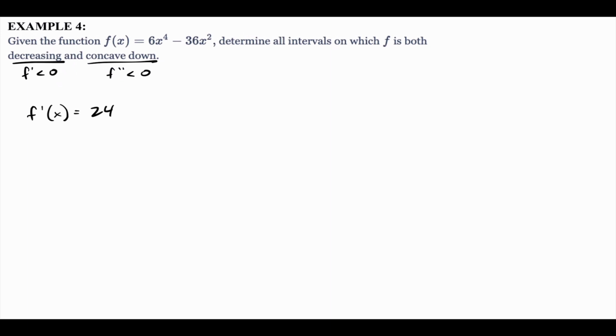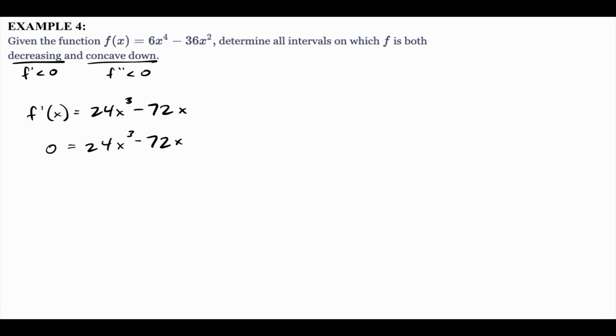So 24x to the third minus 72x. First derivative. Set it equal to 0. Well, it's a binomial.